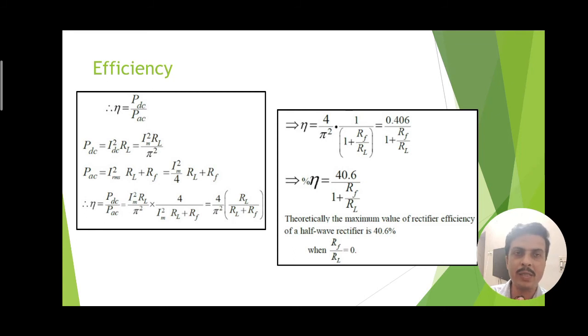Now, normally load resistance is very high compared to the forward resistance, so RL by RL cancels out. So 4 by pi square gives you the efficiency for the half wave rectifier. This ratio is normally 40.6. So for a very high load resistance, the half wave rectifier efficiency is 40.6%.